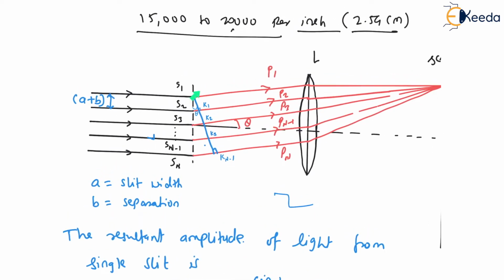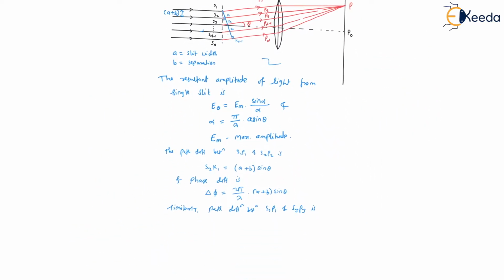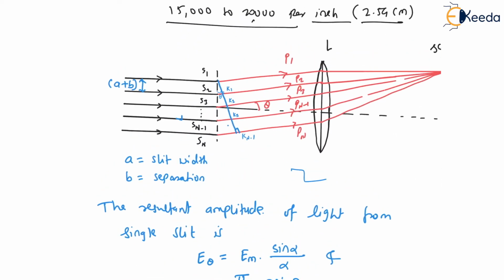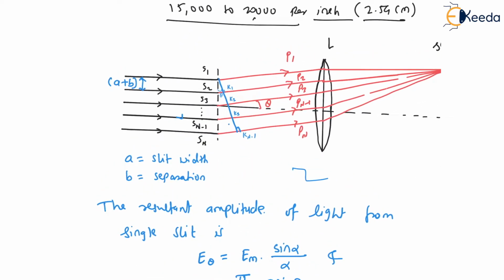First S1P1 and this one S3P3. The path difference will be S3K2. So that will be the path difference. S3K2 is equal to, now see, again no doubt it will be the hypotenuse multiplied by sine of the angle. Now what will be the value of the hypotenuse here? Here the hypotenuse will be S1, S3.